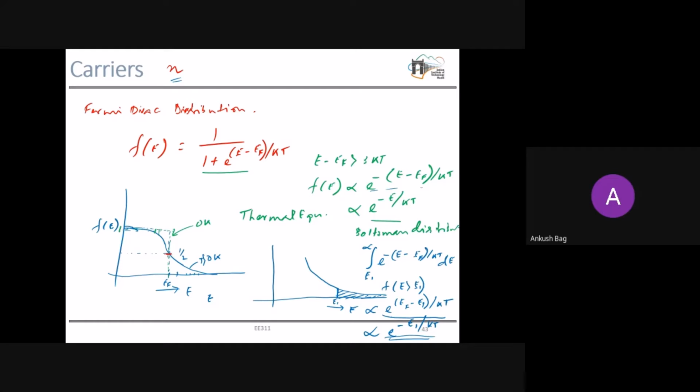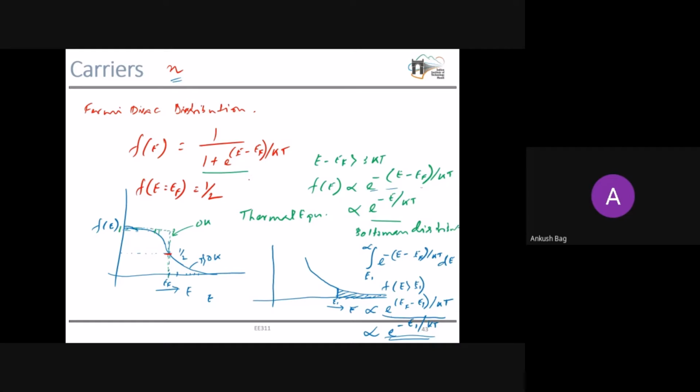So the function goes through the value half at E equals to EF. That means the probability of finding an electron at energy EF will be half.